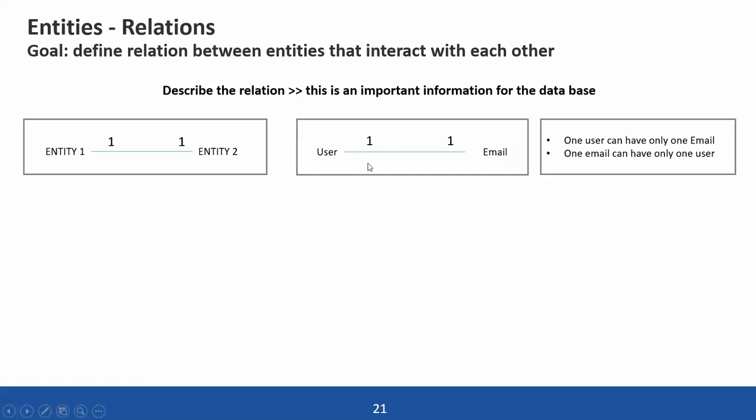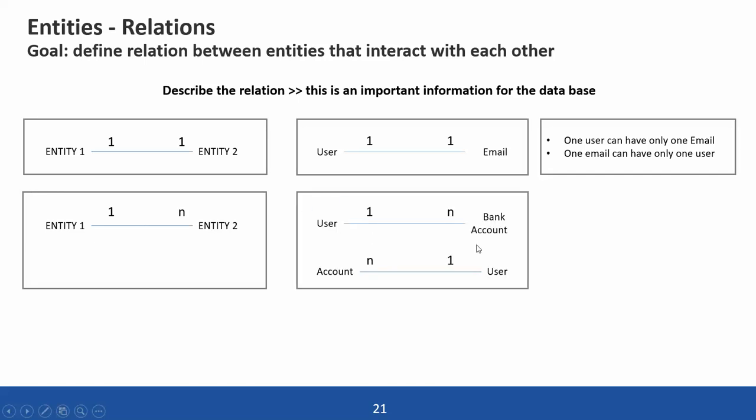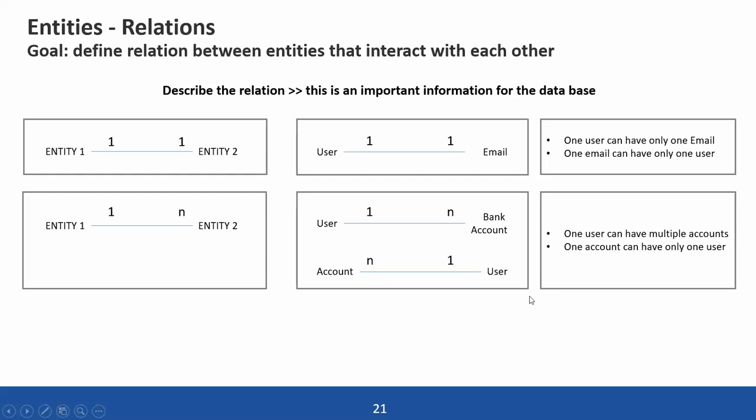But in other ways you can also define that one user can have multiple emails. So what is in this case? In this case you have entity 1 has entity 2 in a 1 to n relation, because you can say, for example, one user can have multiple bank accounts in my online shop. You can have a credit card, bank account 1, bank account 2, bank account 3. But also one account can have only one user.